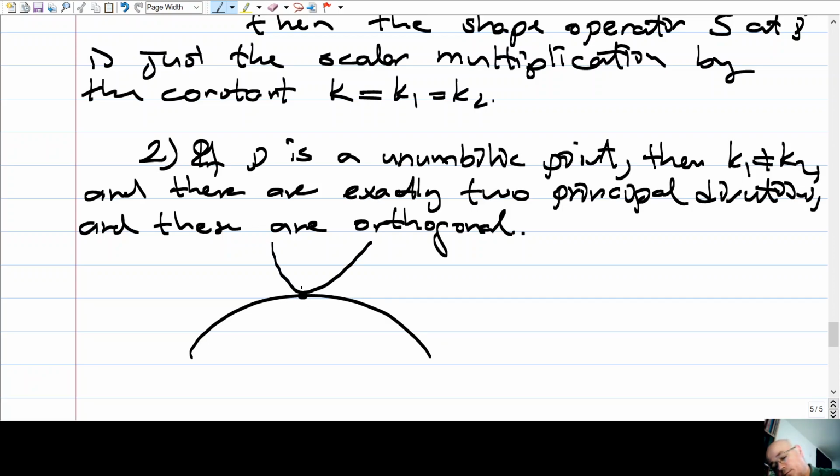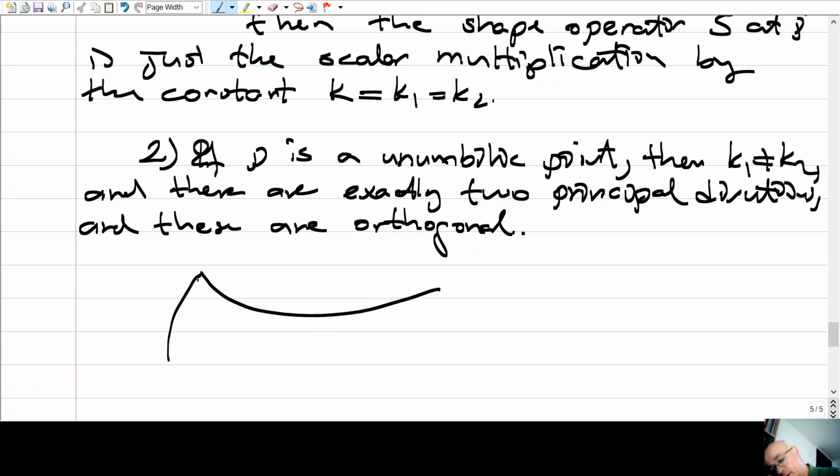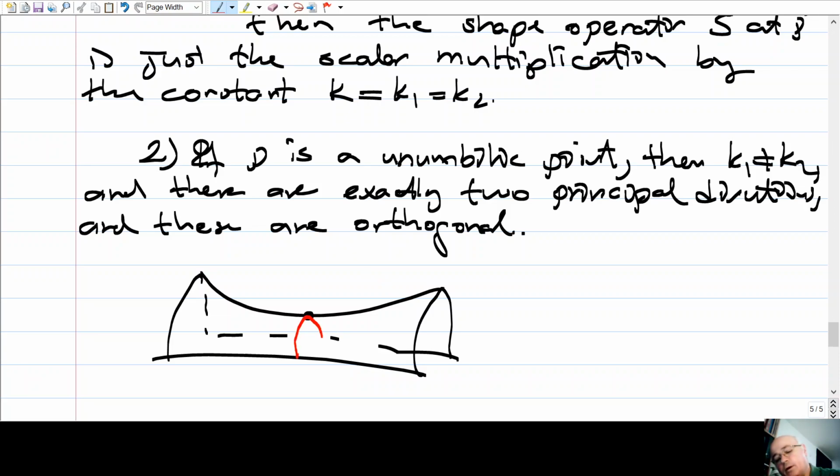Maybe I should draw it like this. One of them is this, where the curvature is minimal, and this is the direction where the curvature is maximum.